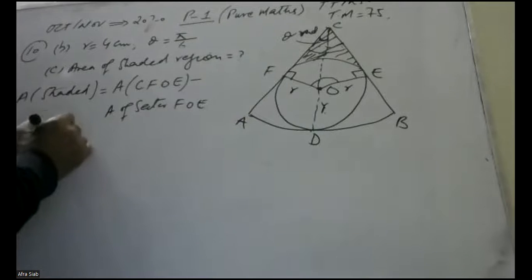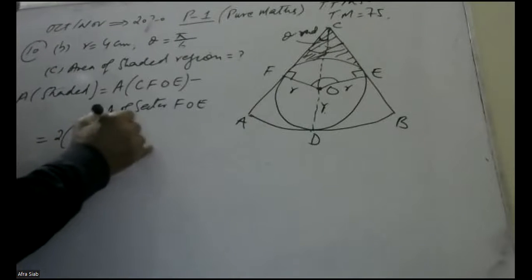So you can write 2 into half into OF into FC, minus the area of the sector.